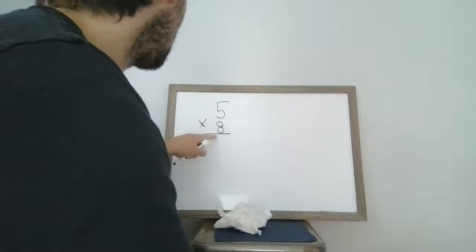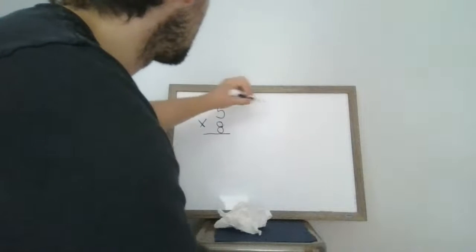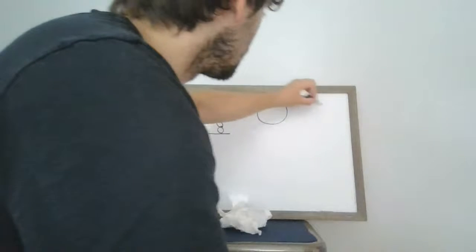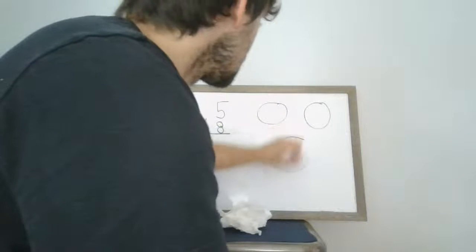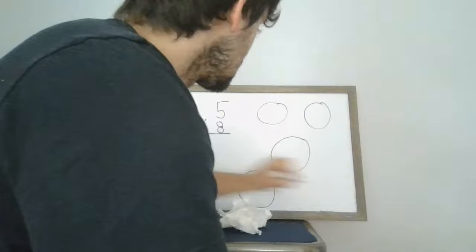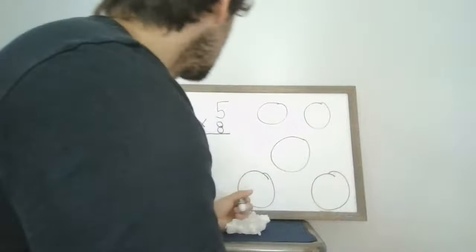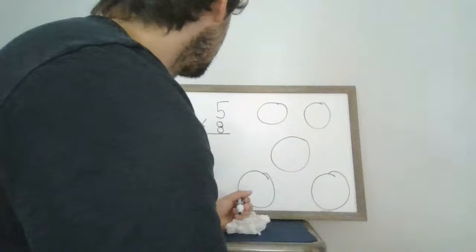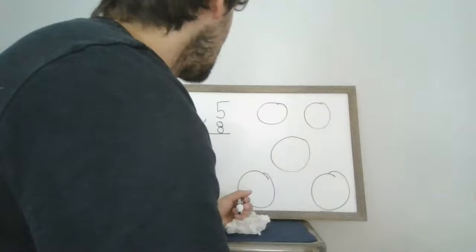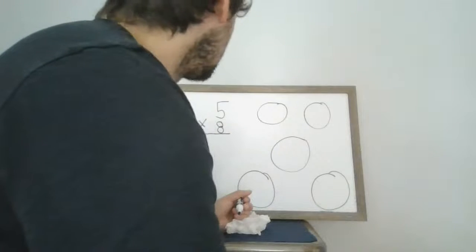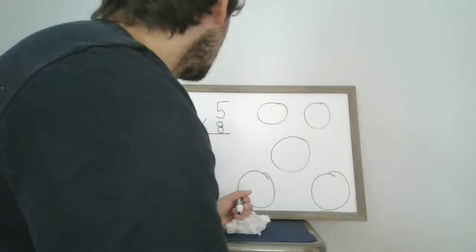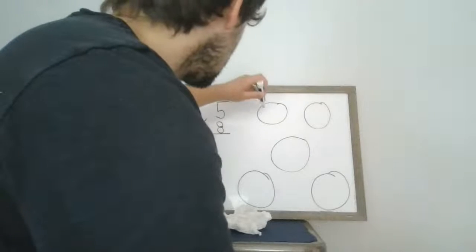So if you're not able to solve it in your head, make 5 circles. And you draw, doesn't really matter what the object is, but let's say I'll do dots this time. 5 circles, I'm going to draw 8 dots in each circle, and I'm going to count the total number of dots.